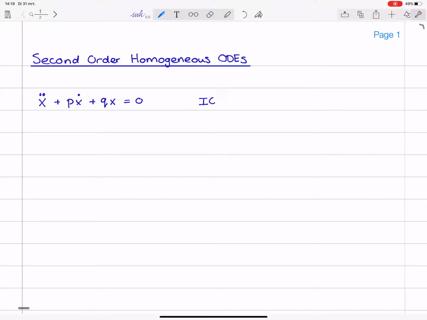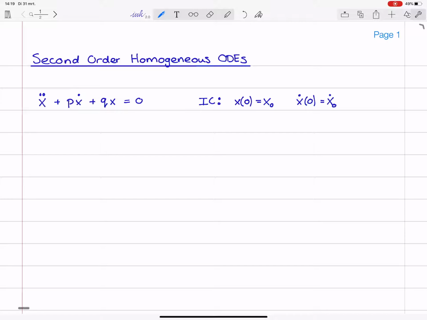And this second order ODE has two initial conditions. The initial value for x, which I will call x0, and the initial value for the velocity that I will call x dot 0. Alright, so let's try to solve this differential equation.